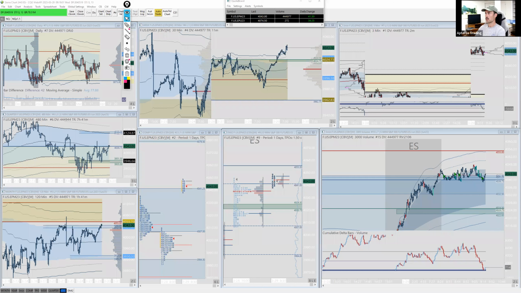Kind of stalling at RTH VWAP. There we go, through it. If we start to turn here, I'm going to take the scale before planned.